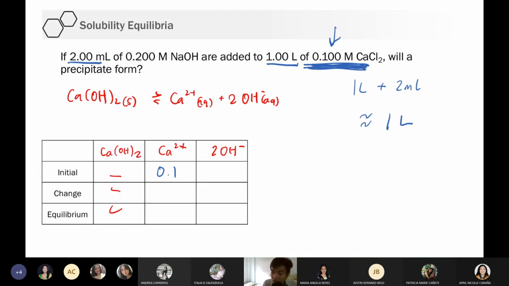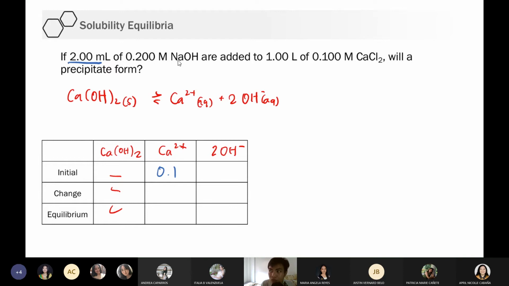However, kunwari ito ay 10 ml. Yan, significant yung change, no? Pero in our case, that's 1,000 ml. So, wag ka na mag-dilution, no? Because the final volume of the solution is approximately still 1 liter. Okay? Pero, sa point of view ng sodium hydroxide, yung concentration ng hydroxide yung magbabago by a lot.